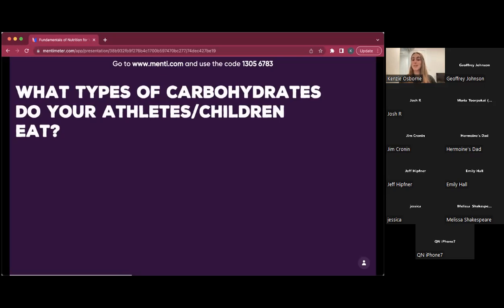If there's no comments here, we'll just move along. Peanut butter balls. So peanut butter balls are going to be high in fat. So peanut butter is a fat. And generally speaking, again, within that hour before training, we don't want to have too much fat.